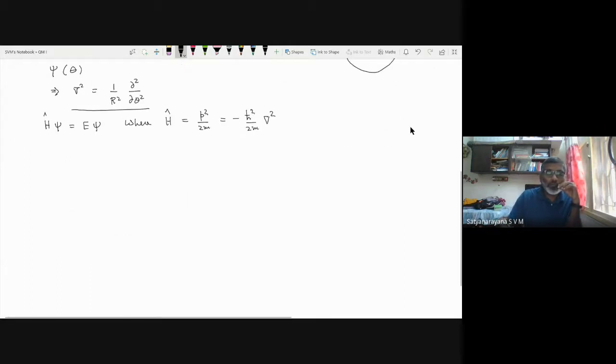So this is equal to minus h bar square by 2 m R square into del square by del theta square. And we know that if m is the mass of the particle moving on the circle, m R square is basically the moment of inertia. So you can write this as minus h bar square by 2I into del square by del theta square. This is a general feature that whenever an angular coordinate is sitting here, instead of mass, you will have the moment of inertia.